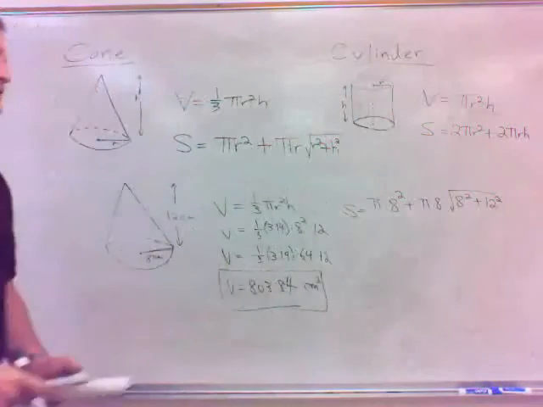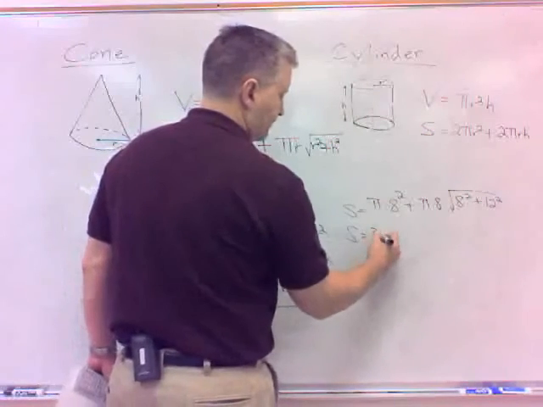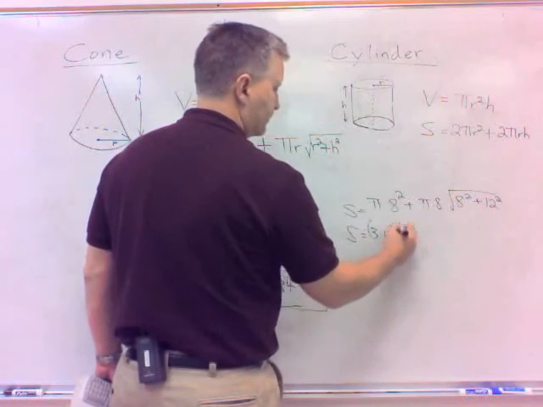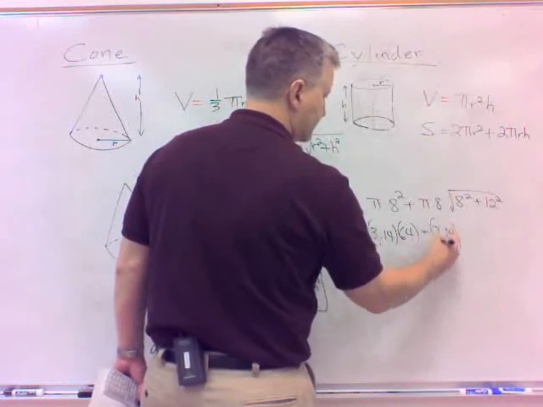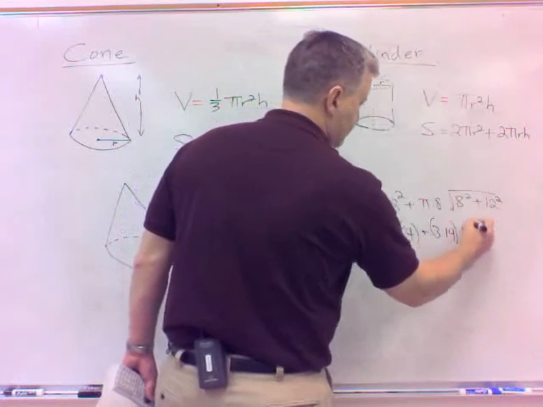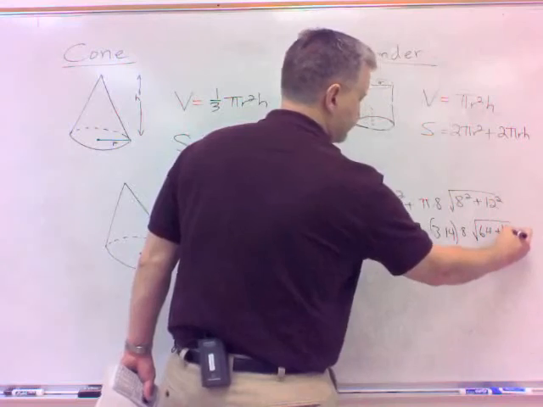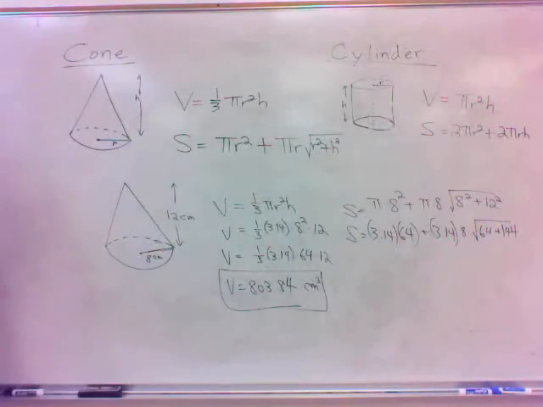Okay, here's how you do this. So that would be 3.14 times 64. This would be 3.14 times 8 times the square root of 64 plus 144. 64 is 8 squared, 12 squared is 144.